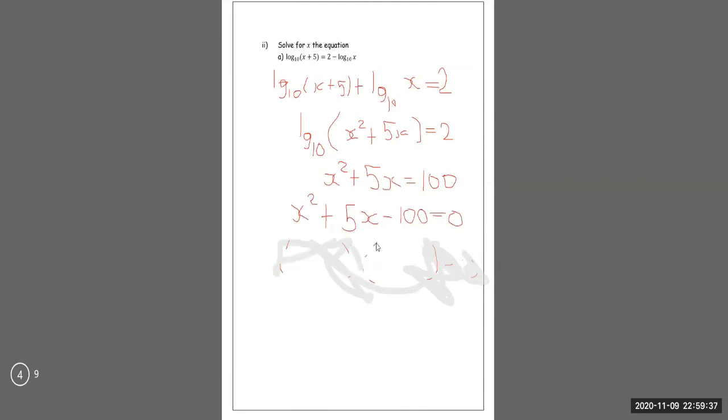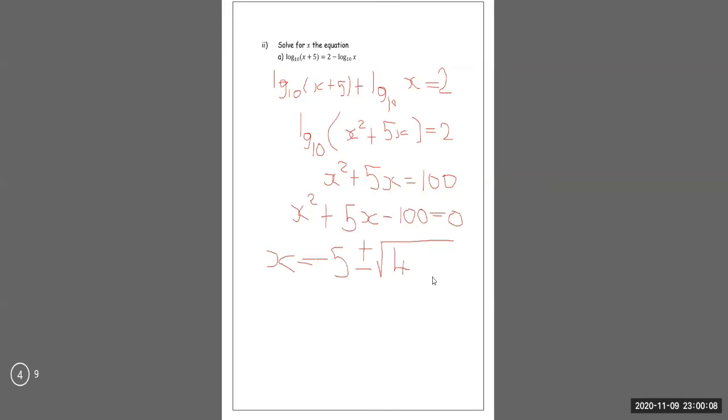So we're saying that x is minus b, which is negative 5, plus or minus the square root of b squared minus 4ac, over 2a. So it's plus or minus 5 squared is 25, minus 4 times negative 100, that looks like 425.